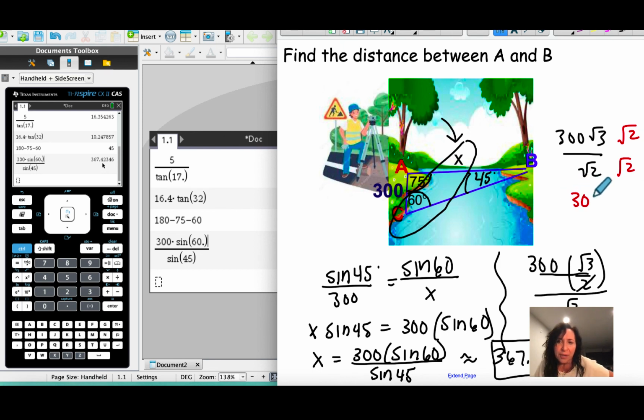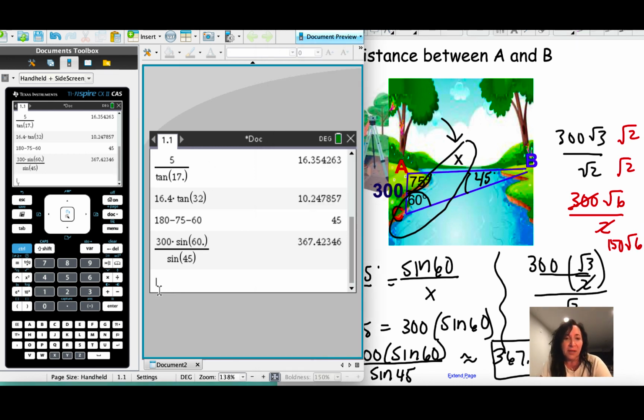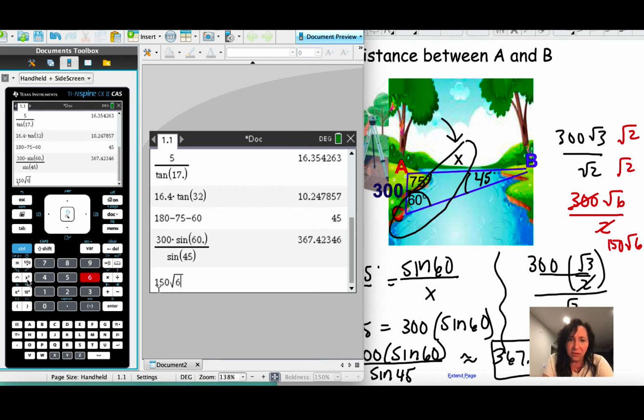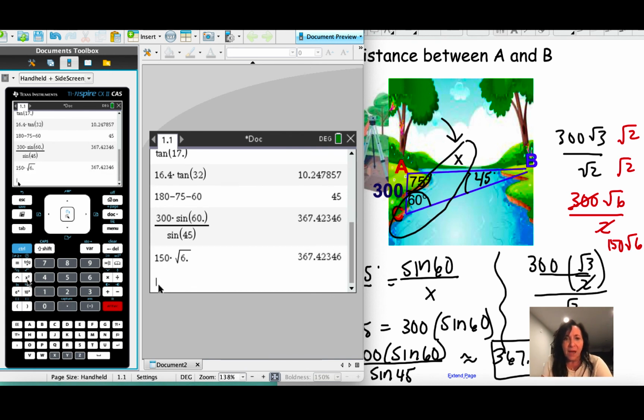So I get 300 root 6 over 2. Oh, 2 divides into 300, 150 times, so 150 root 6. Let's see what that becomes. 367. See? Either way.